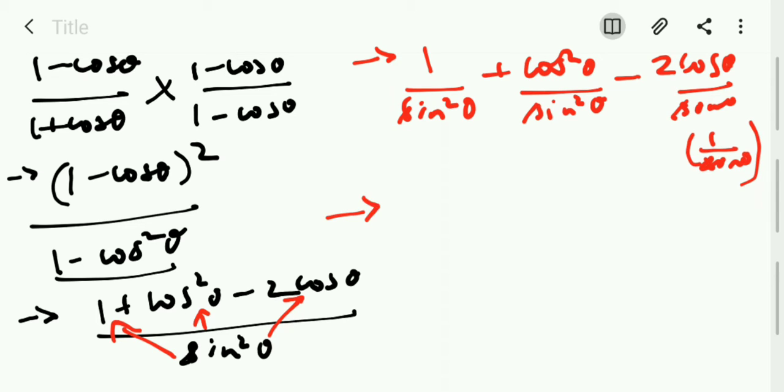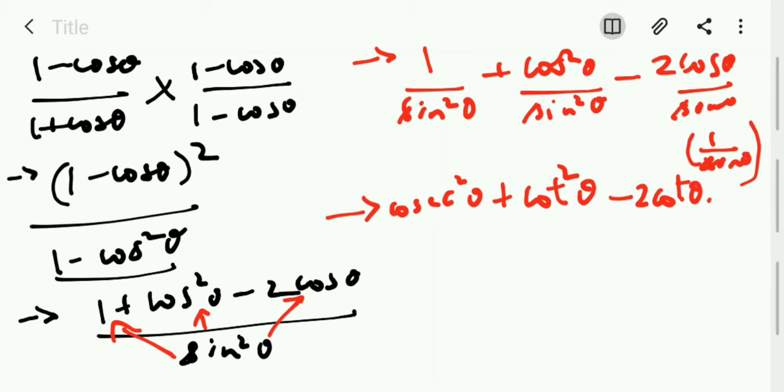Now what happens? 1 by sine square is nothing but cosecant square theta plus cot square theta minus 2 cot theta. What is 1 by sine?